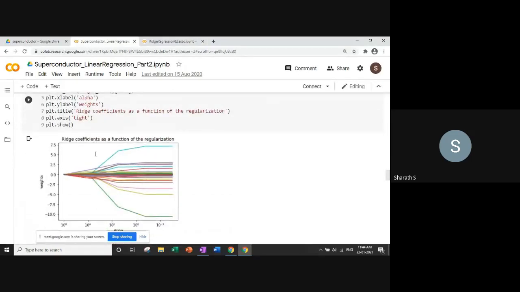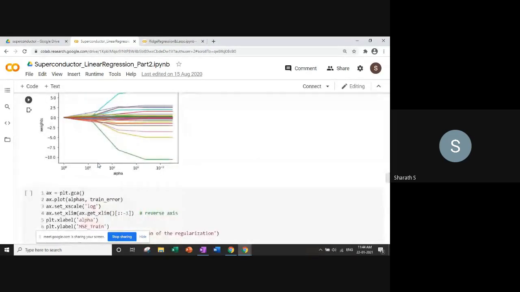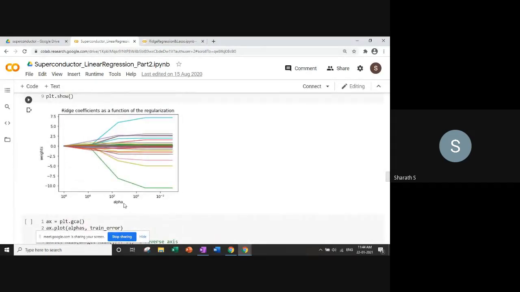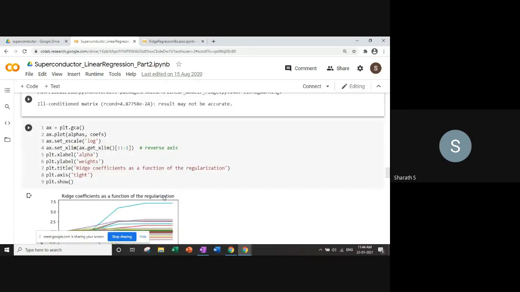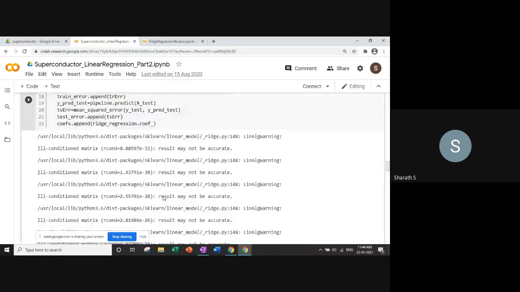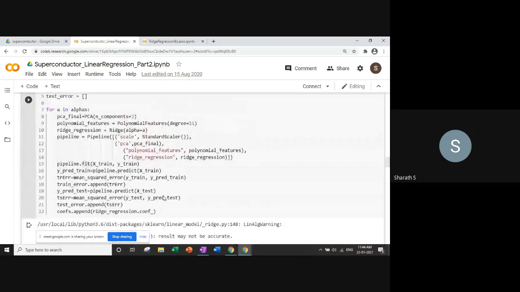So then, if you're going to look at the result, this is how you look at it. It is the tunable regularization parameter alpha. With respect to this parameter, I have run a few values over here.